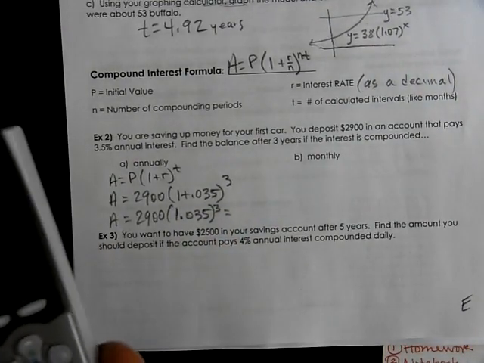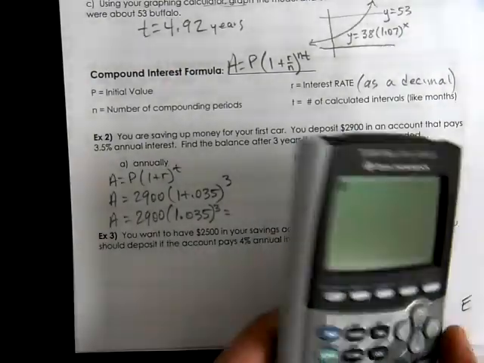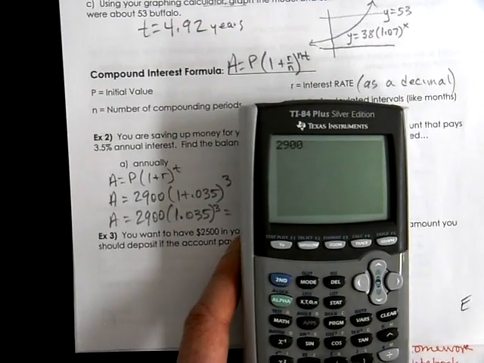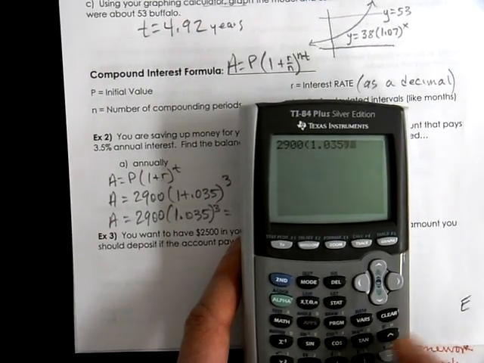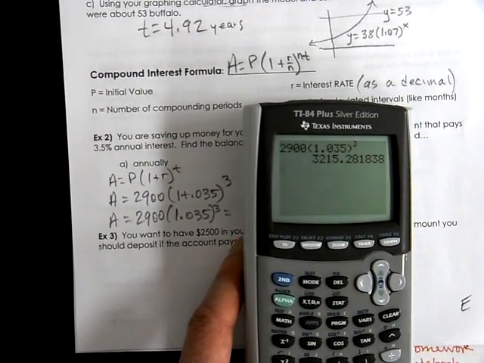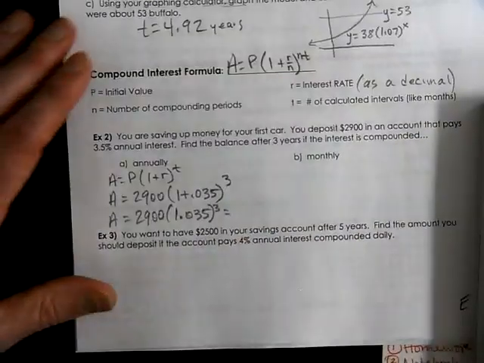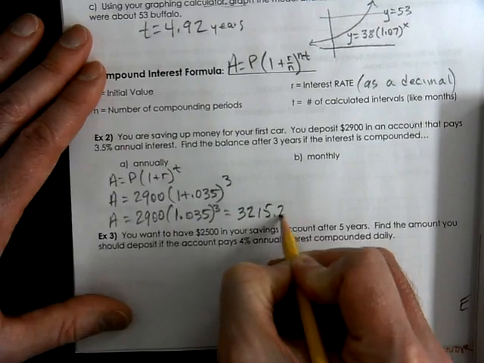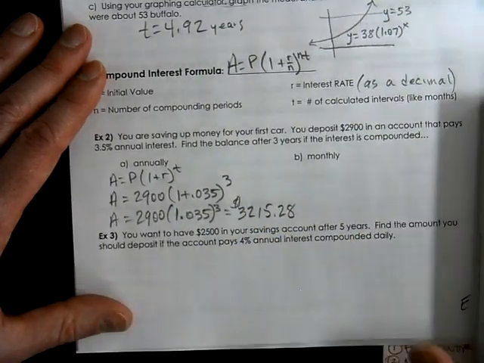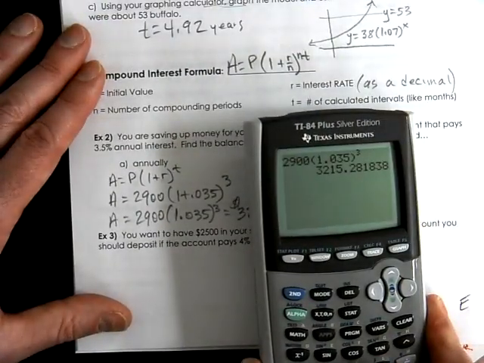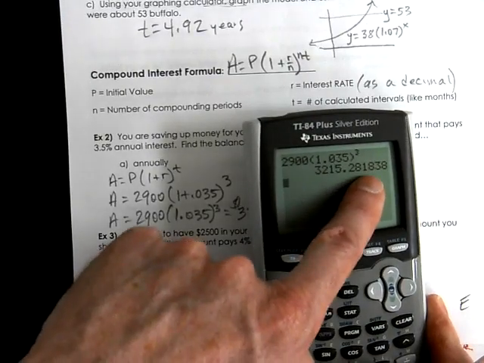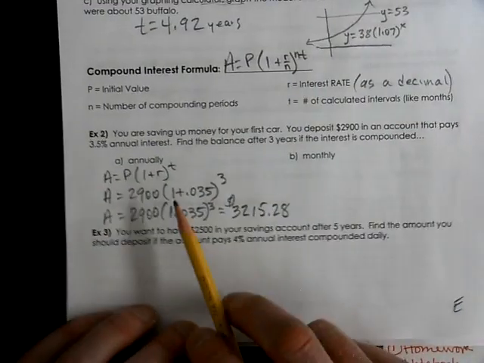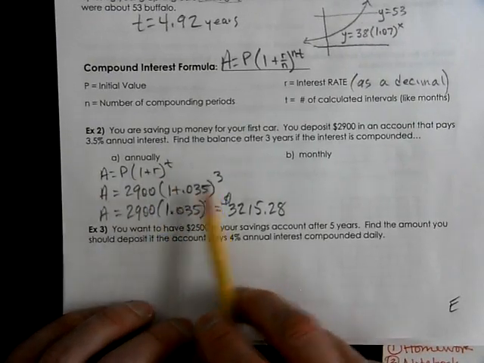That 1.035 is what's being repeated 3 different times. So 2,900 times 1.035 to the third power is $3,215.28. The third digit's a 1, so we don't round any values. So that's if we get our interest once a year.